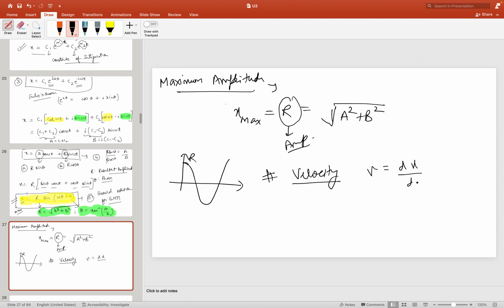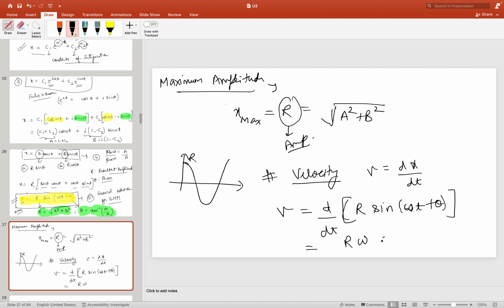dx upon dt. Now we have the value of x, so d upon dt of capital R sine omega t plus theta, right? Now R is a constant, under root A square plus B square, so differentiation of sine is the cos term, but there is a constant omega, omega will come outside, and then cos omega t plus theta, right?